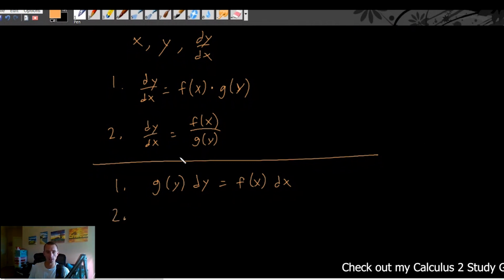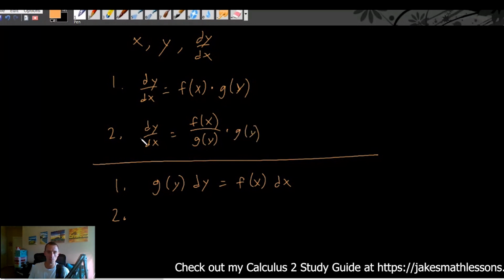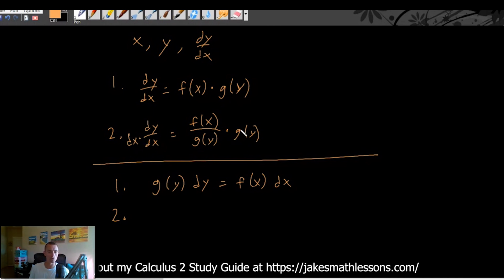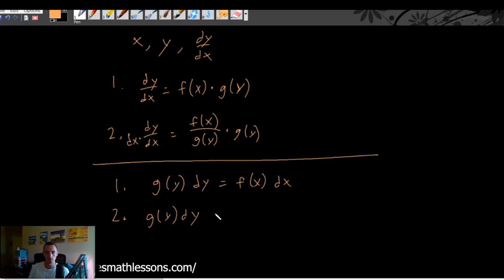If we had it in this form, similarly, we would be able to multiply by g of y to move that over to the left side, multiply by dx to be able to move that over to the right side. Of course, whatever you do to one side, you do to the other side as well. So we would multiply our g of y to the left side, giving us g of y dy equals, oh, wait a second. I did this first one wrong. I'm sorry. Remember, we wanted to multiply by 1 over g of y in this first example here.